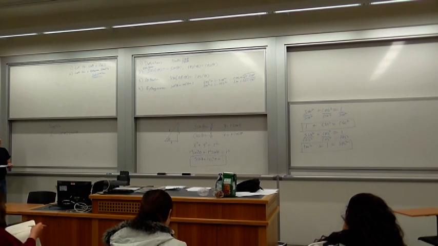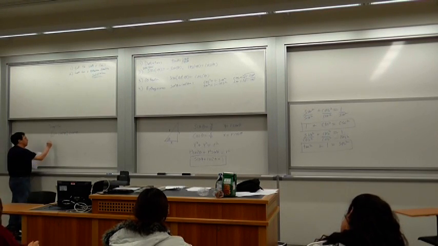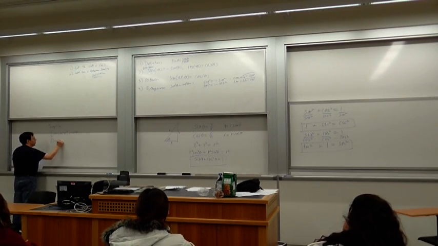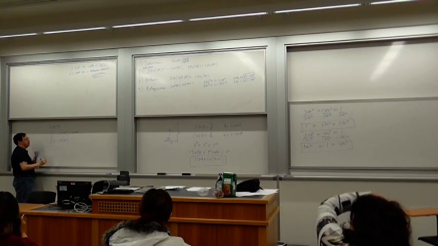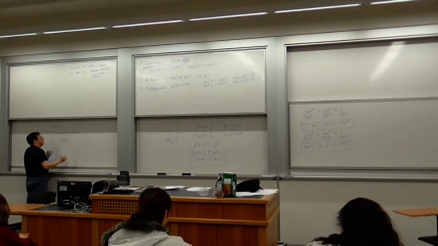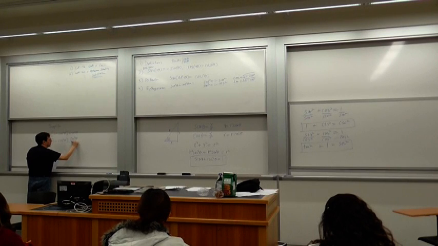See what we can do with this. So, following my advice, the first thing I'm going to do is make sure everything's a sine or a cosine. Cotangent is cosine over sine, so squared is cosine squared over sine squared.